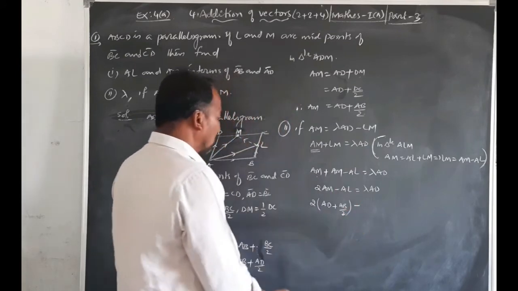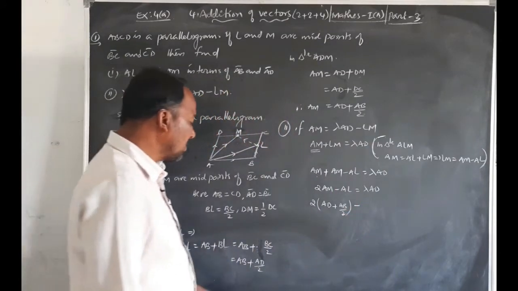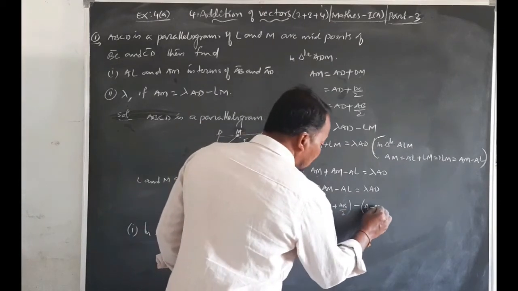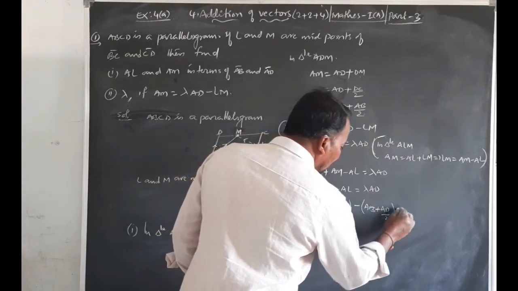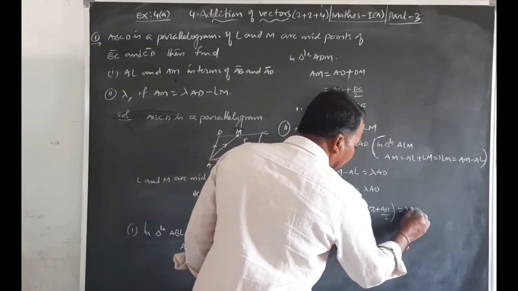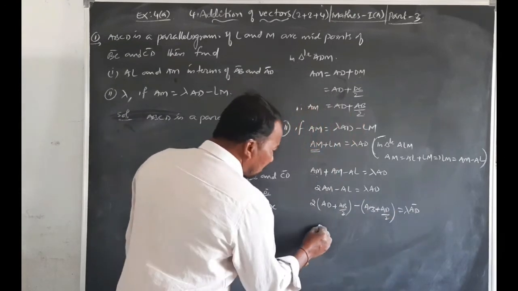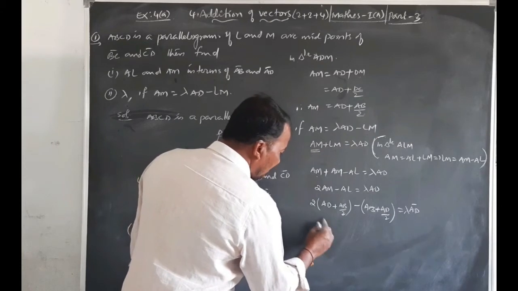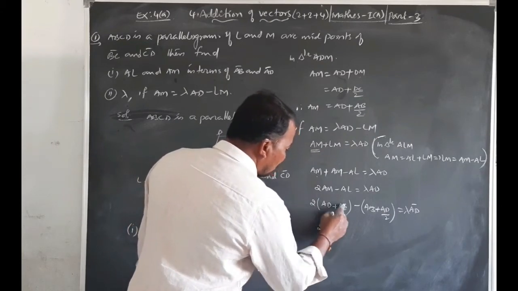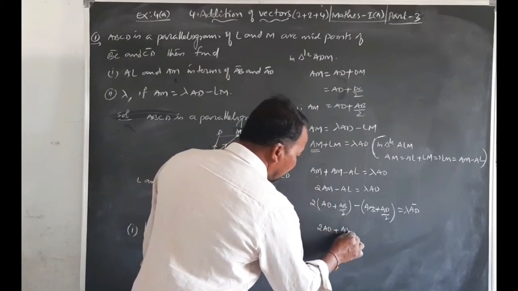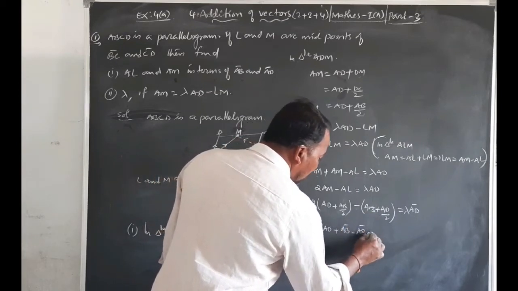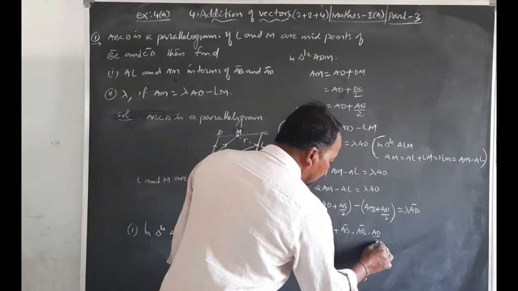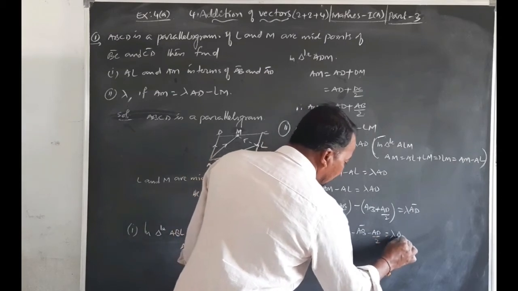What is the value of AL? AB plus AD by 2, equals lambda AD. So 2AD minus 2AB by 2 means AB, minus AD by 2, equals lambda AD.